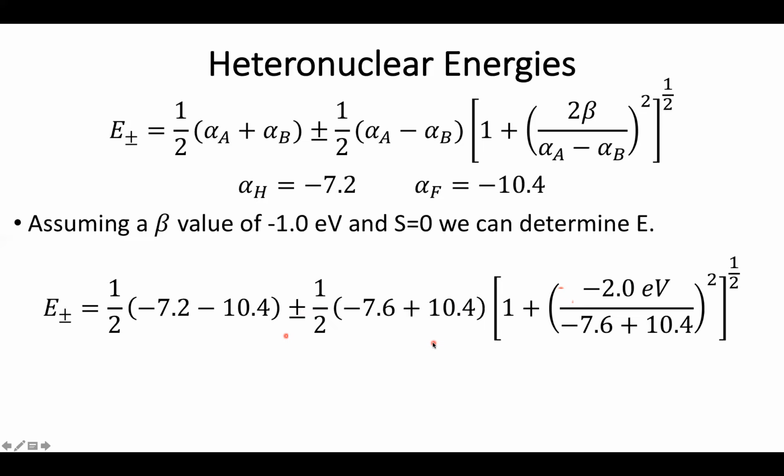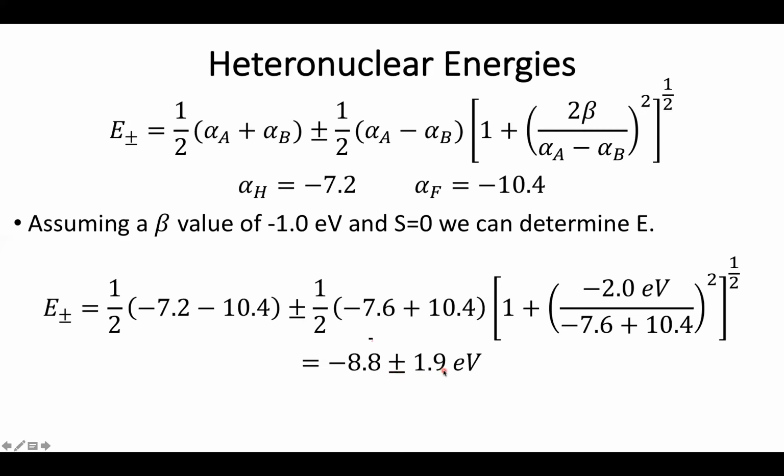And so when we put this together, we find that the energies for our molecular orbitals are going to be centered around a value of about -8.8 eV, with the bonding orbital stabilized by about 1.9 eV and the anti-bonding orbital destabilized by 1.9 eV as well.